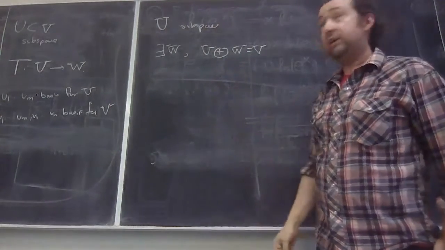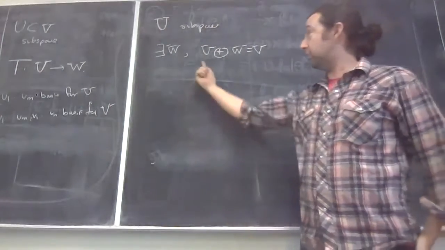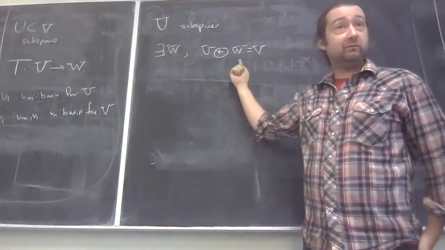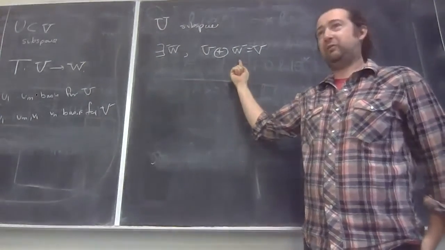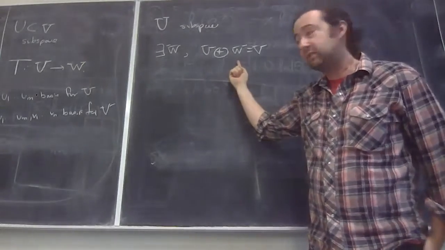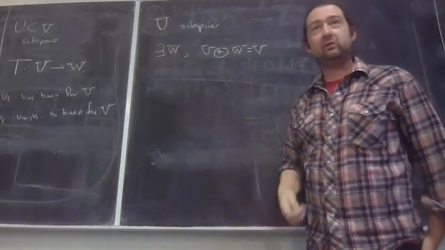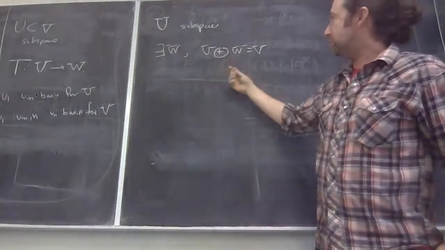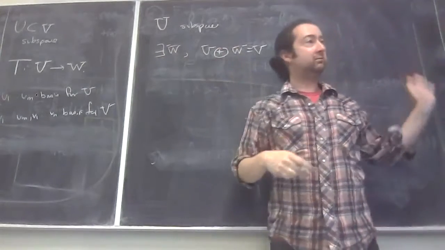And so just define the map. Well, T knows what to do on these vectors, so just send everything over here to nothing. That works. It's not very interesting, but you can certainly extend T to the rest of the vector space just by throwing things away.